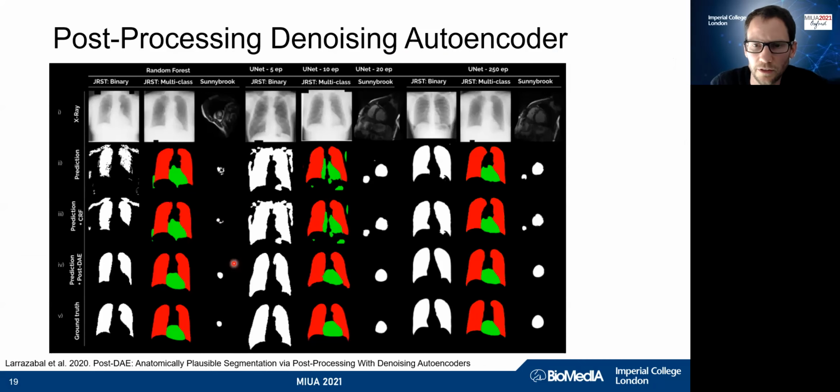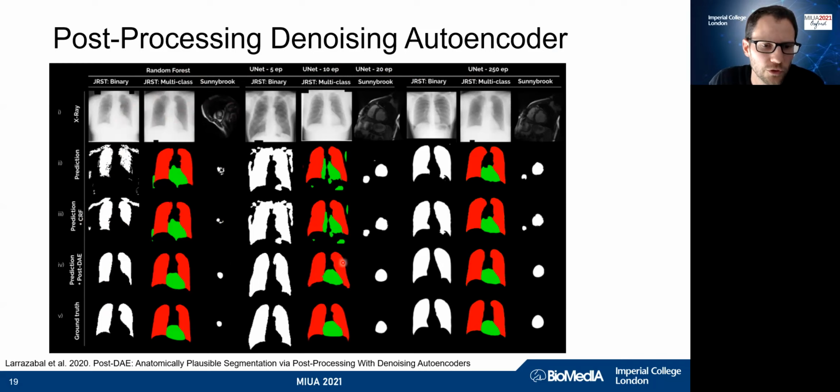So for instance, in this work, we looked at various different types of segmentation algorithm, for instance, random forest and different types of UNets and different tasks. So binary segmentation from chest X-ray, multi-class segmentation from chest X-ray, and also cardiac segmentation from MRI. And what you do see if you compare this to other post-processing techniques like CRFs, conditional random fields, is that you get results that resemble the ground truth more closely in terms of being anatomically plausible.